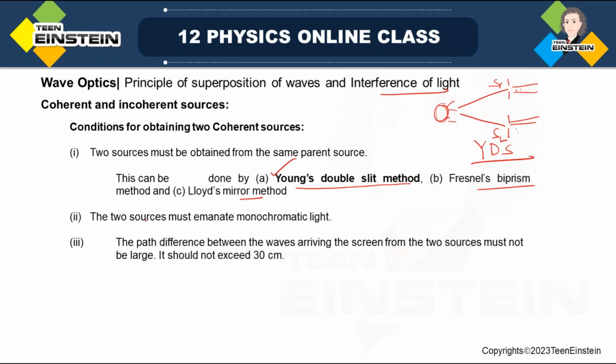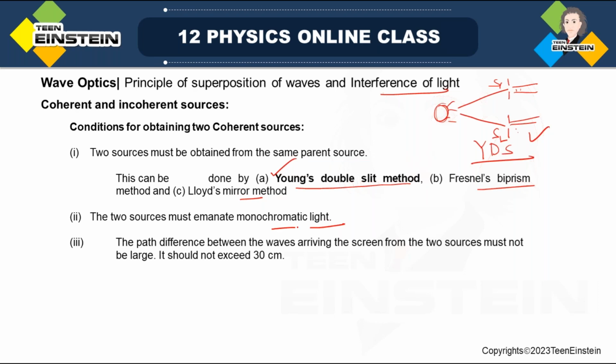So two sources must emanate monochromatic light. These are conditions. If the two sources of light are obtained from the same original source, as in YDS, then those two sources can be coherent sources, and they must have the same monochromatic light.